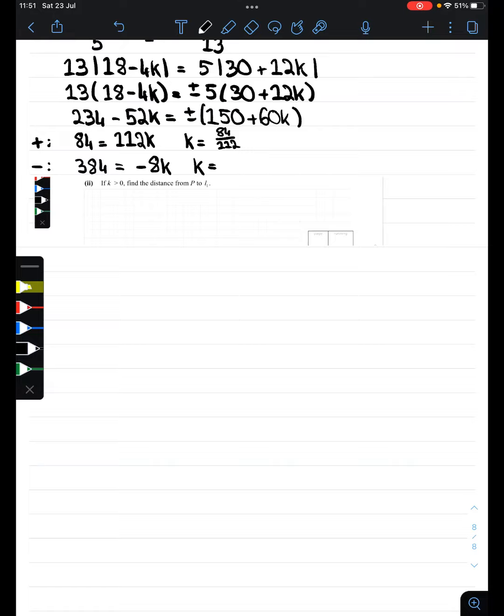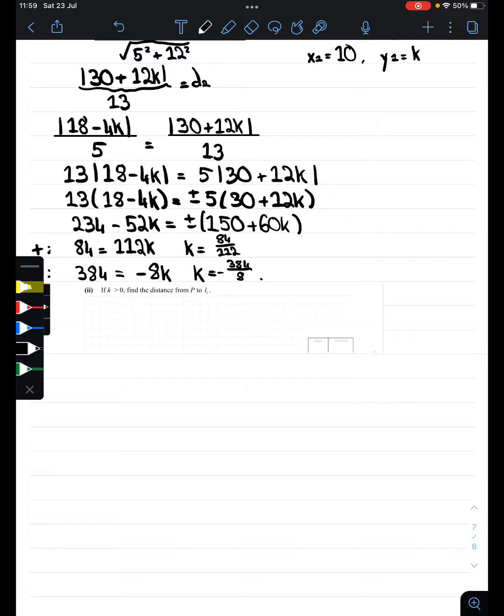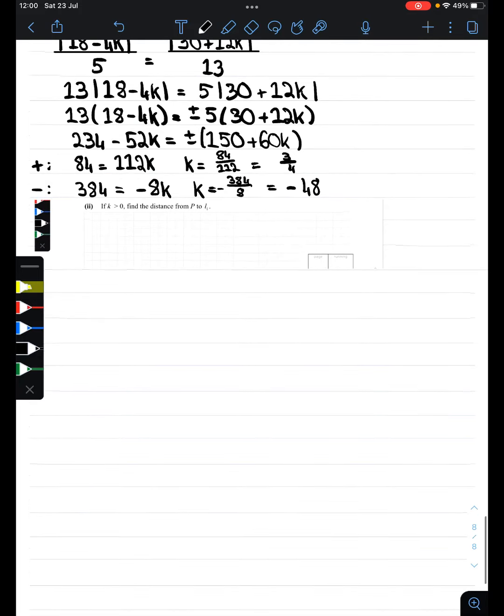So k equals 384 over minus 8. And so if we just simplify, this is 3/4, and this equals minus 48.